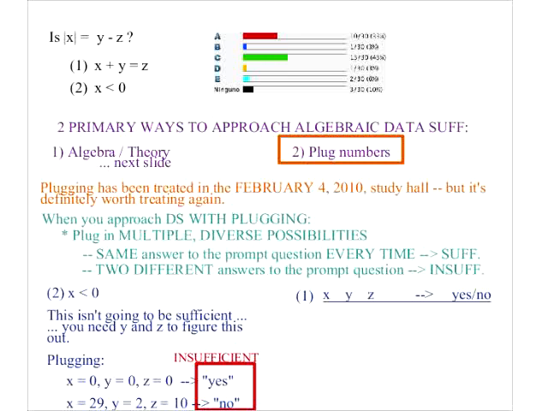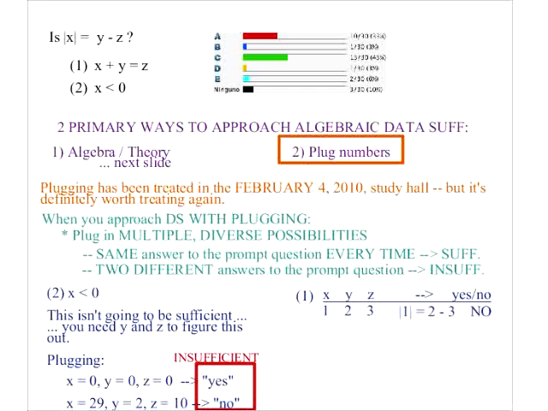Okay, 1, 2, and 3 works. So if we plug in those values, then the question becomes, is absolute 1 equal to 2 minus 3? This is no.